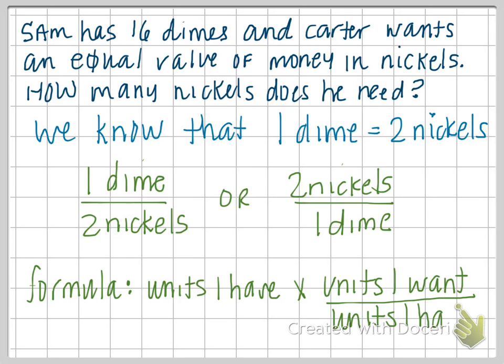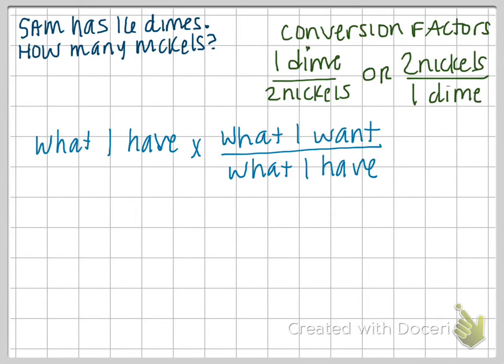I do this so that I can get those units I have to cancel out of the equation at the end, and I'm left with the units I want. So I've rewritten all the information on this page. I have my problem, I have the conversion factors, and I have the formula.